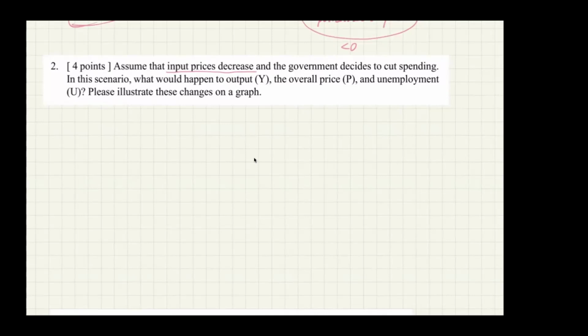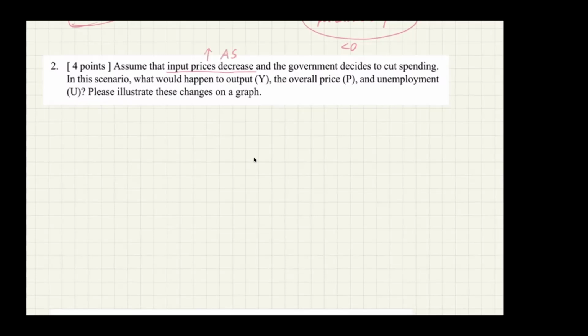So it will increase the aggregate supply because the cost of input is decreasing. So the owner of a restaurant has more motivation to produce more, because now the raw materials price is lower than before.